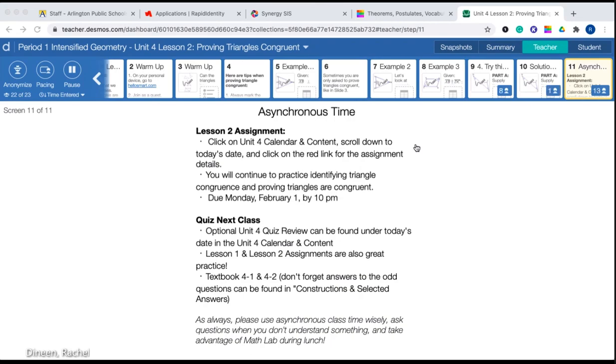Then you have a congruency statement. And then you have 2 sometimes, always, never. You have another congruency statement. You have an algebra problem based on a congruency statement. And then you have a proof.